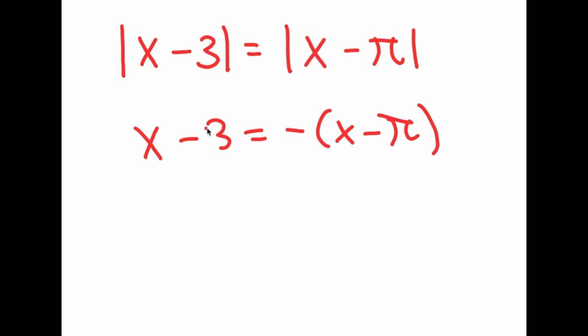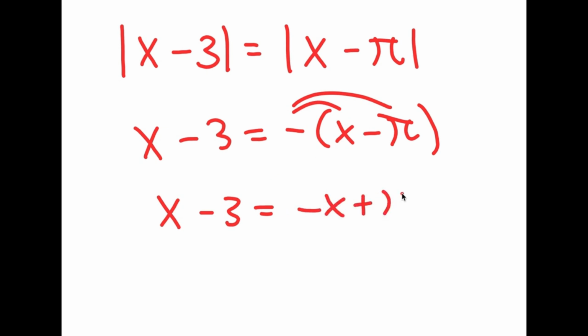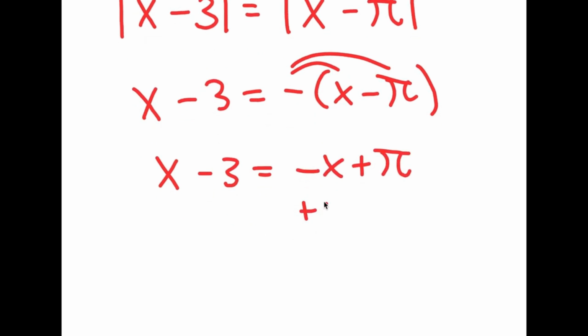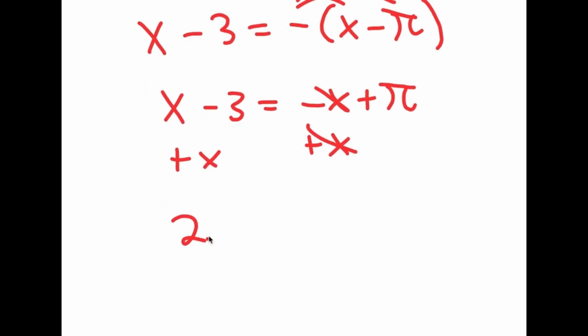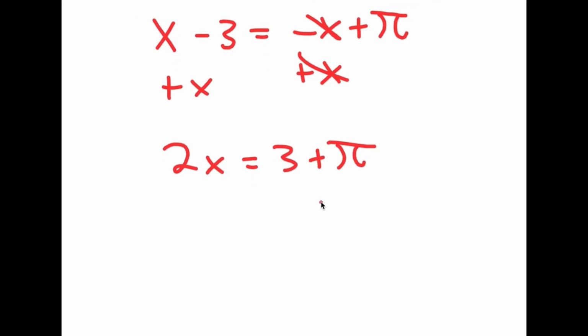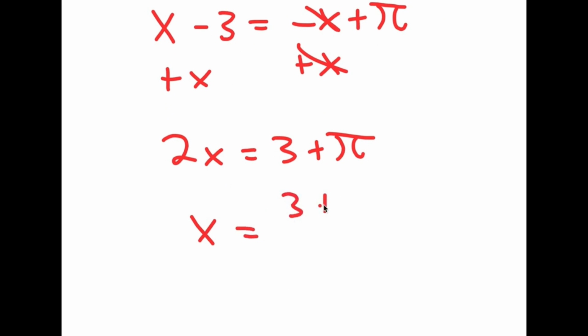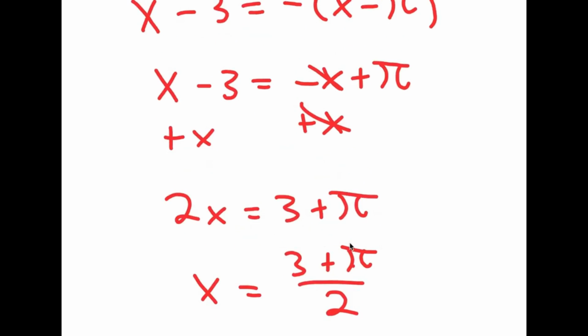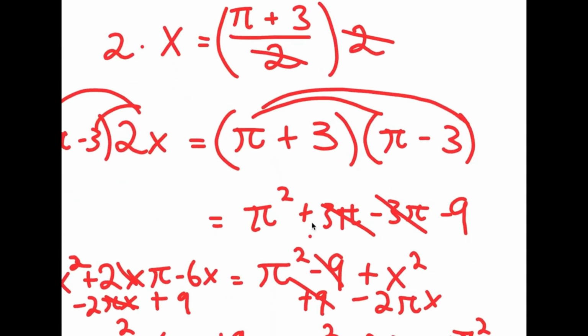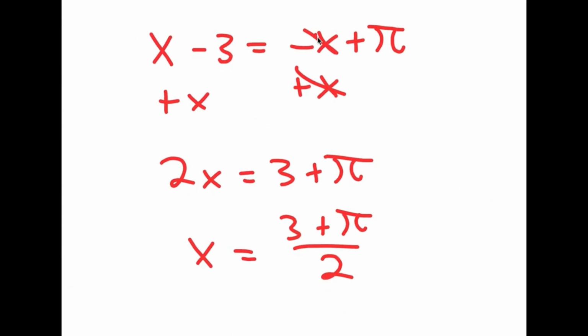If we want to solve x minus 3 is equal to negative (x minus π), we first have to distribute the negative sign. So I get x minus 3 is equal to negative x plus π. Now if I add x on both sides, these two cancel out. So I get 2x is equal to 3 plus π, and x is equal to (3 + π) over 2, which, going back, is what we started with.